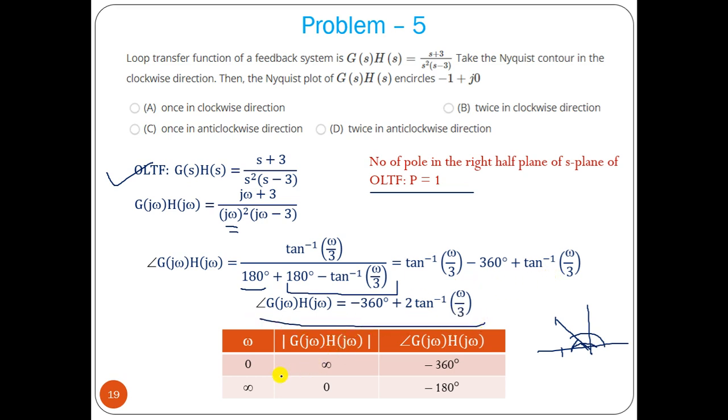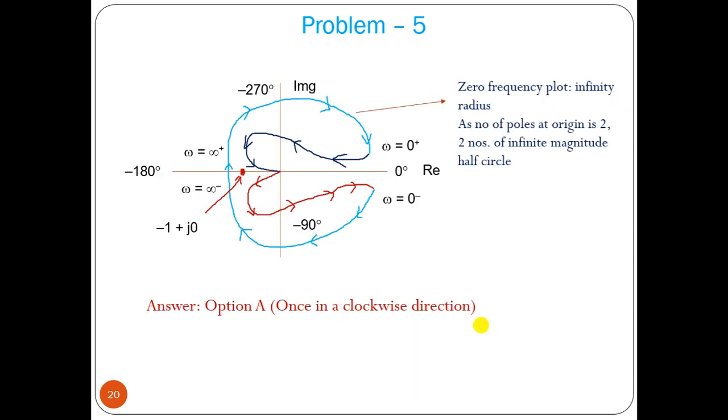Now if we put omega equal to 0 in this, something by 0 will be infinity. If we put 0 here, it is minus 360 degree. If we put infinity here, it will be 0, and putting infinity in the other term gives 180 degree, so minus 180 degree. That is the simple value. Now we can plot.